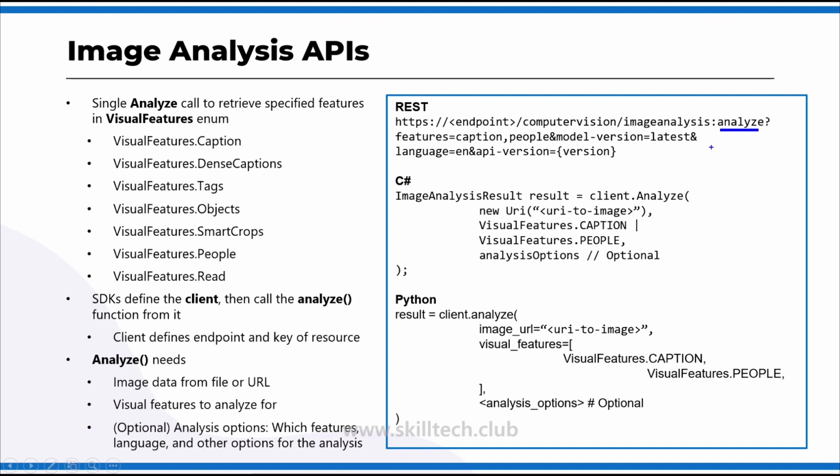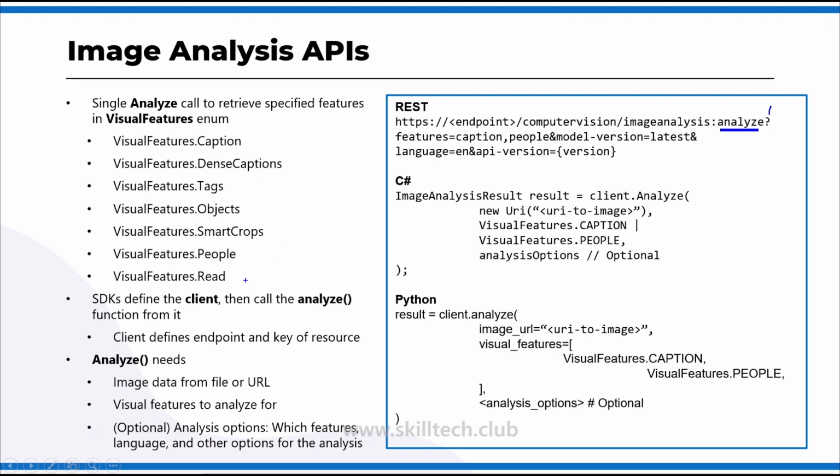This is the method which you're trying to call, and inside this you specify multiple parameters after the question mark, where you specify features, people and model version, and you also specify the language associated with it. The visual features are nothing but an enum, as we mentioned. It's going to have caption, dense caption, tags, objects, all those image analysis features as properties inside that enum.